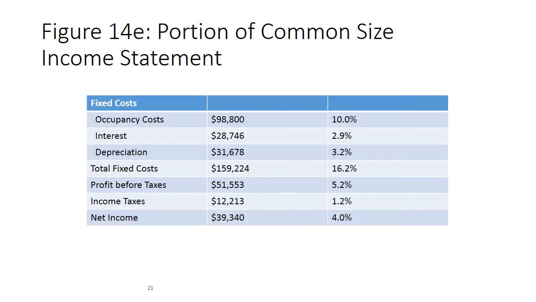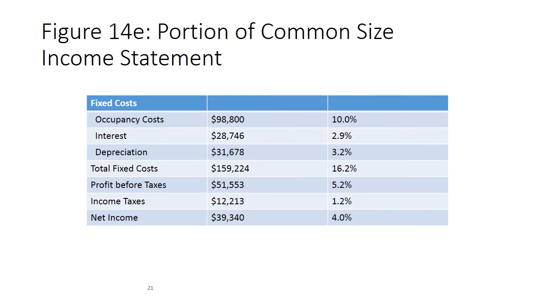Here's how that looks on the income statement. You can see all of our fixed costs here. So our total fixed costs are 16.2% of our revenue. So our profit before taxes at this point is only 5.2% of revenue, $51,533 or $553 in profit. Then we have our income taxes.